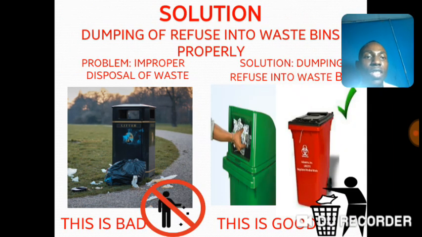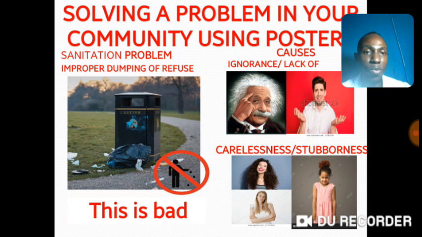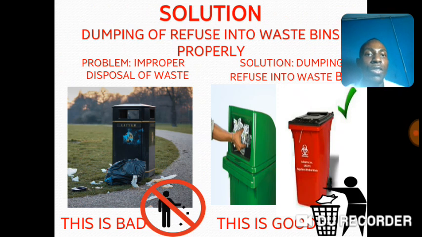What's the solution to this problem? Improper dumping of refuse. That is, dumping of refuse into waste bins properly. The problem is improper disposal of waste, which we looked at. That was very bad. Now let's look at the solution.